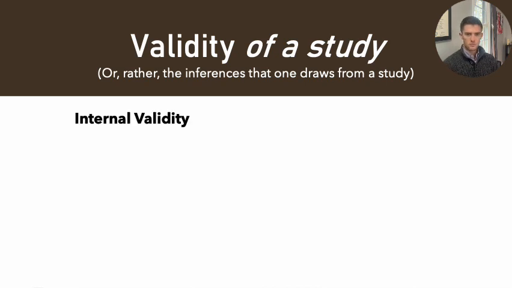Some of those inferences will be internal to the study. So it'll be what happened in this study? What is going on here? What does this study show about what's happening in this specific context? But then some of the inferences will be beyond the context of the study, right? So we've run a study, we found something, now we're going to try and generalize. And to what extent are those generalizing inferences valid?